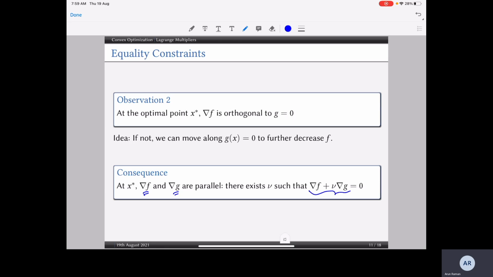Now if they are orthogonal to the surface, then we introduce a new variable nu, such that the gradient of f plus nu times the gradient of g equals 0. If they point in opposite directions, then accordingly the sign of nu will change, whether they point in the same direction or in the opposite direction.